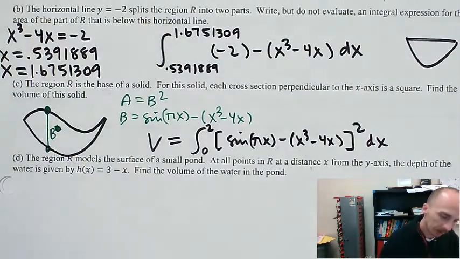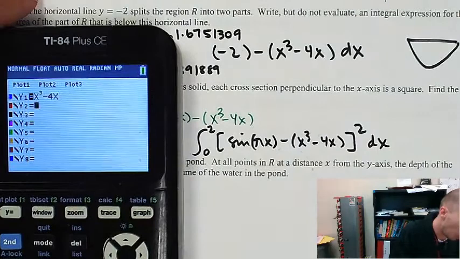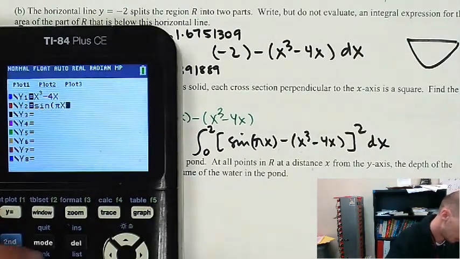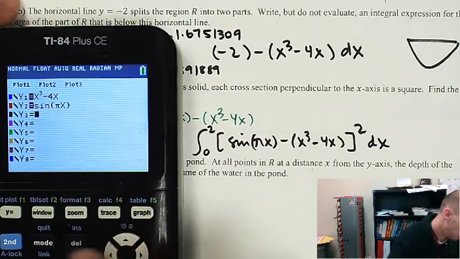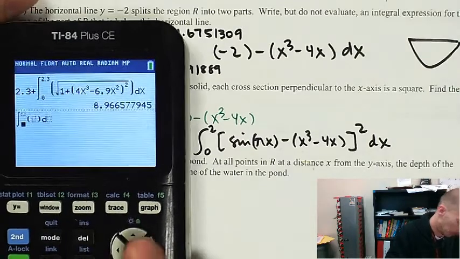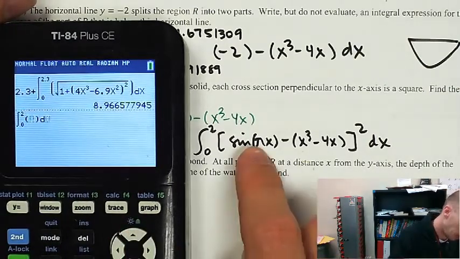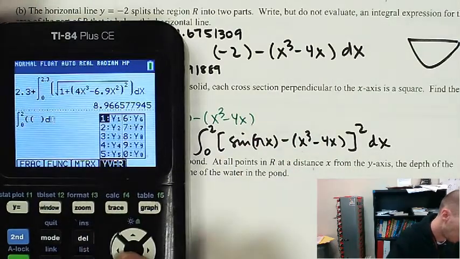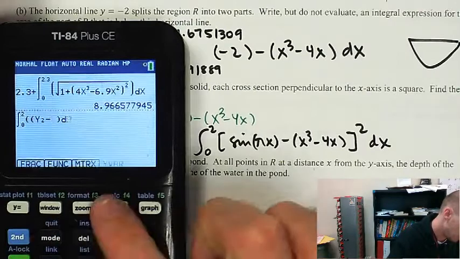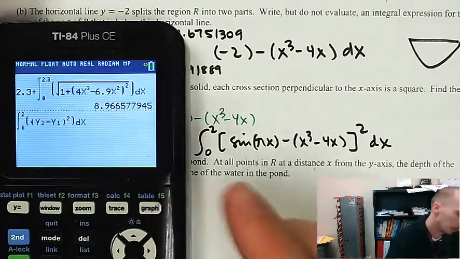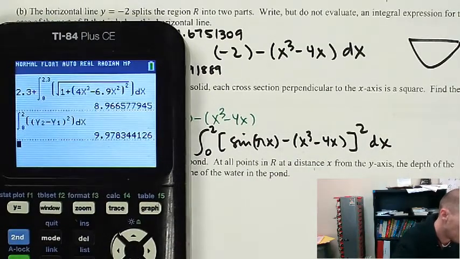I've got x to the third minus 4x as y1 and sine of pi x as y2. And remember that we can just do the integral from 0 to 2 of y2 minus y1 squared. So I can call on y2, call on y1, square their difference, integrate, and that's going to get 9.978.